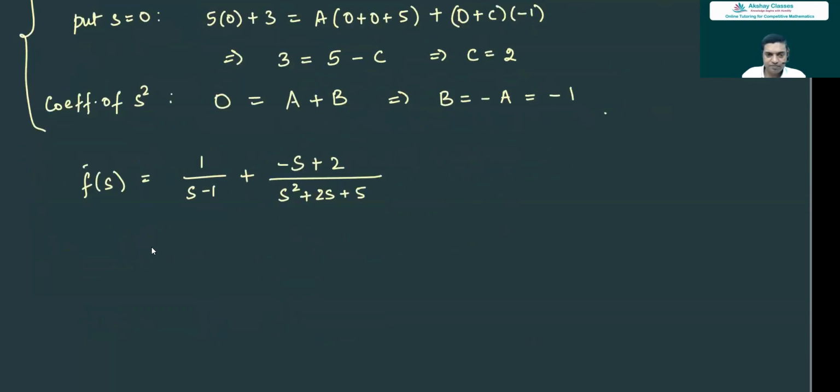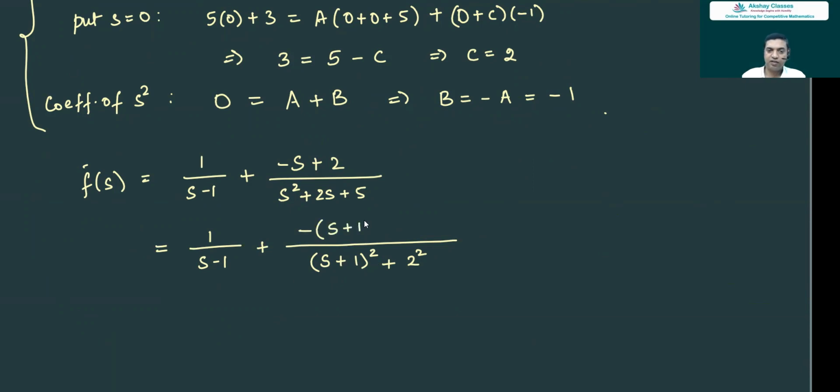Now let's simplify further. I have to get into standard forms, mind you. For that, first write this denominator correctly. We can write this as (s plus 1) the whole square plus 2 square. To get into standard forms, the numerator should have s plus 1. So I'll write minus of (s plus 1), so I get minus s minus 1, plus 3, so minus 1 plus 3 will give me plus 2.